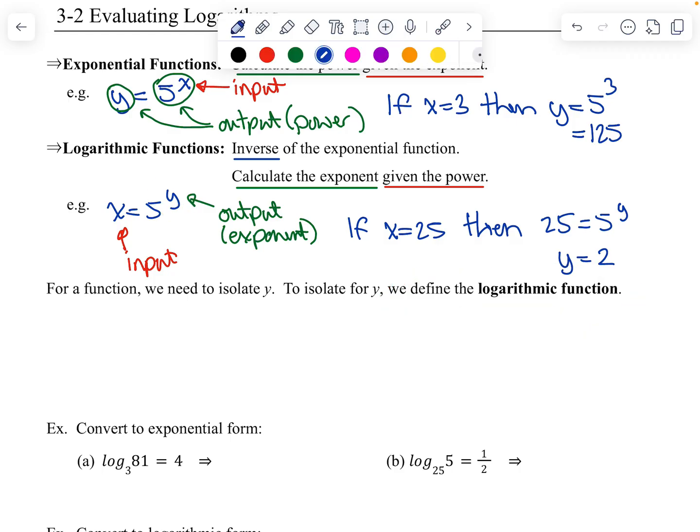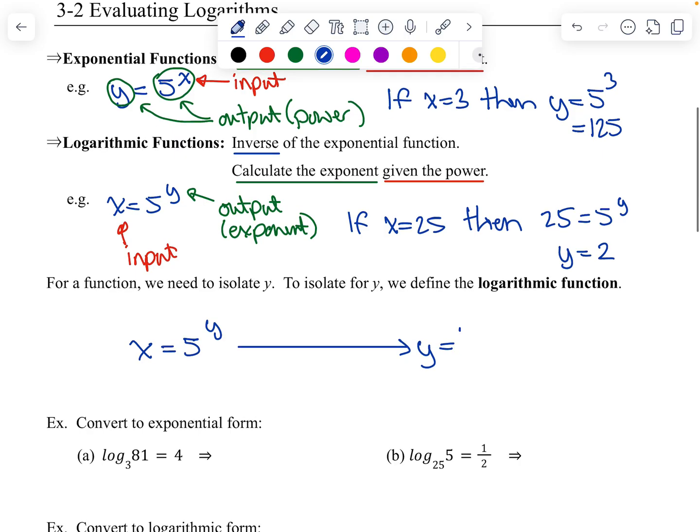We would say, well, the logarithmic function is going to calculate that exponent. So if I want to isolate y, what we do is we rewrite this in this way. y equals, and here's the definition of our new function, log base 5 of x.